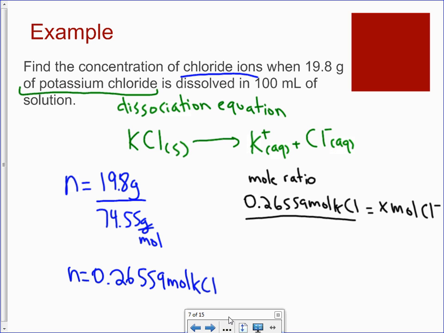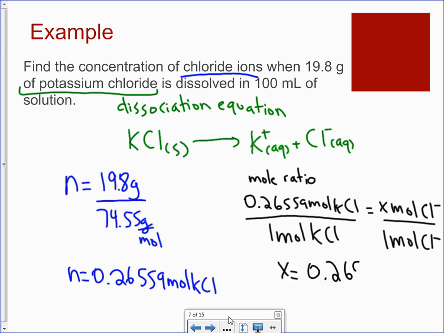From our balanced chemical equation, we know that 1 mole of potassium chloride will give us 1 mole of chloride ions. When we solve for x, we get the same number. It's a 1-to-1 mole ratio. So we now have our amount of chloride ions.